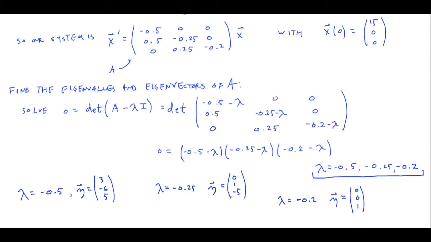So here I solved for my characteristic polynomial. You'll notice that the characteristic polynomial is just the product of these diagonal entries, which implies that the eigenvalues will be the diagonal entries of my original matrix. And that's not a coincidence. That doesn't always happen, but that does happen when there are zeros above or below the diagonal of a matrix.